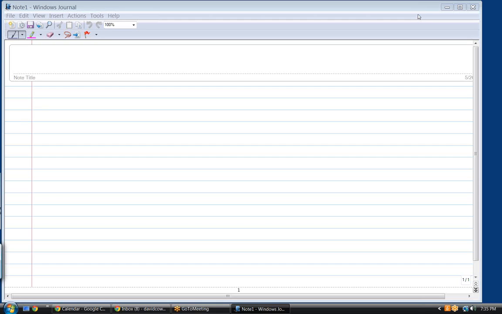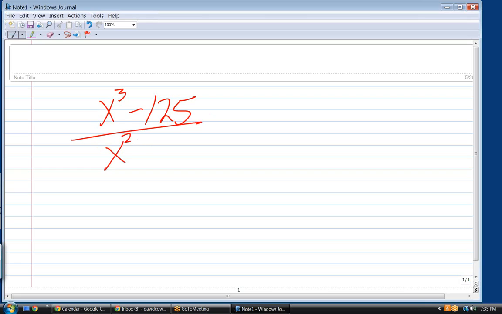We're asked to find the limits algebraically. It says x cubed minus 125 over x squared minus 9x plus 20.